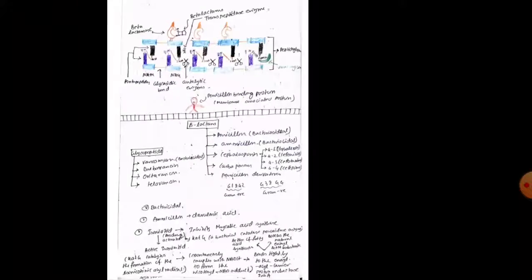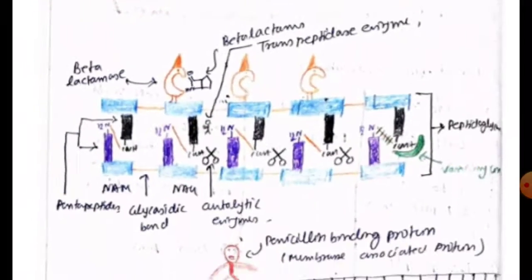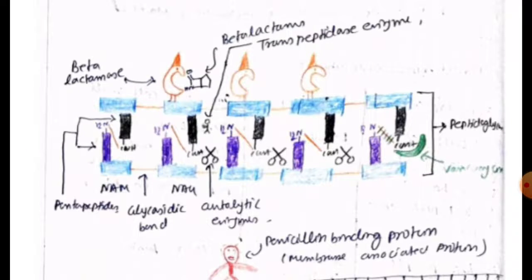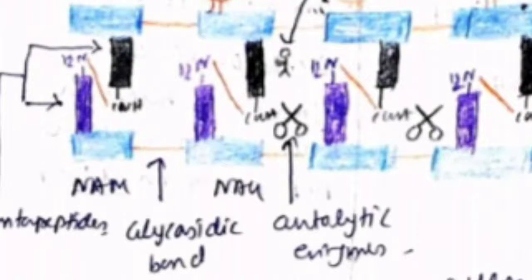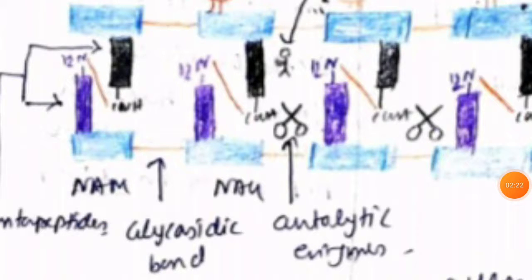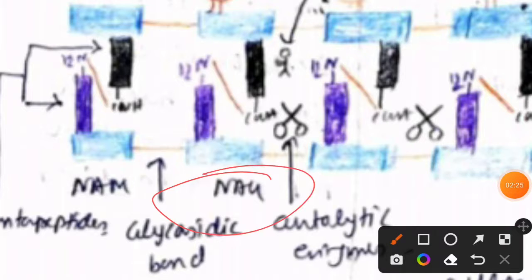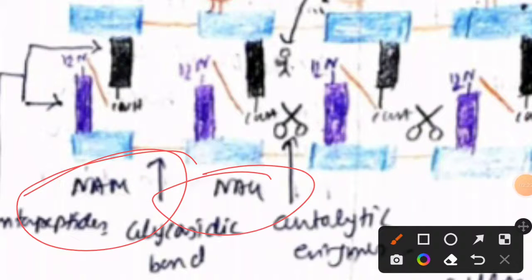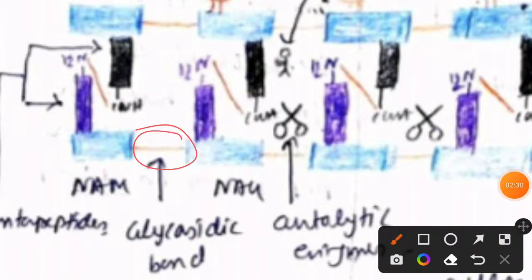Now I want to discuss the various components of peptidoglycan, along with their structure. Peptidoglycan consists of two carbohydrate structures: NAM, that is N-acetyl muramic acid, and NAG, that is N-acetyl glucosamine, which are joined by a glycosidic bond.